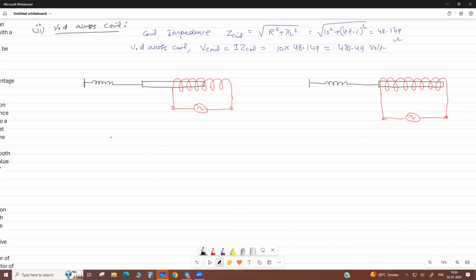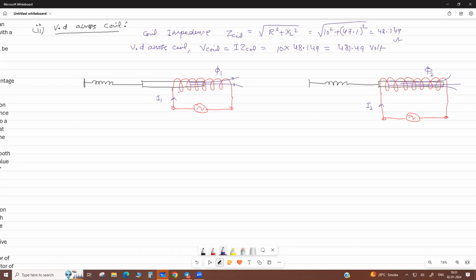Now we draw the equivalent circuit of this coil. In the first condition, suppose here it is current I1, and here it is I2. The current will change. Because of the current, here there is magnetic flux. Here more flux linkage, suppose phi 2, and here phi 1, the magnetizing flux.